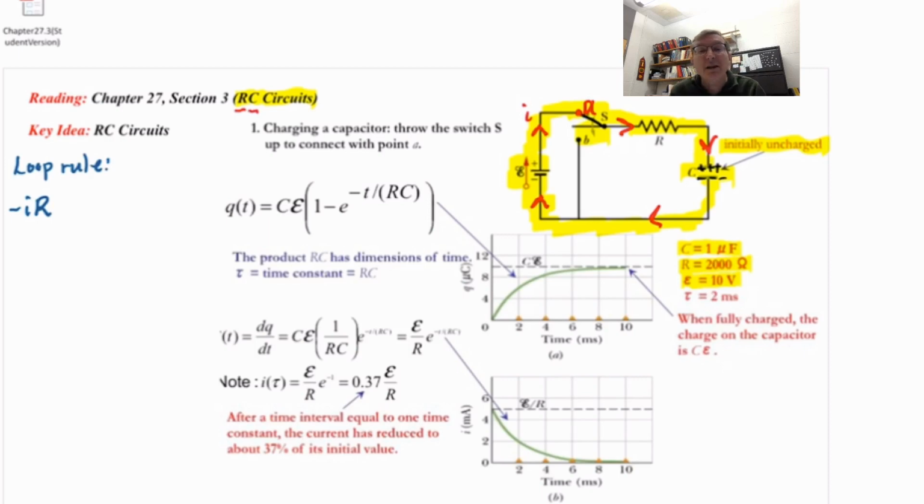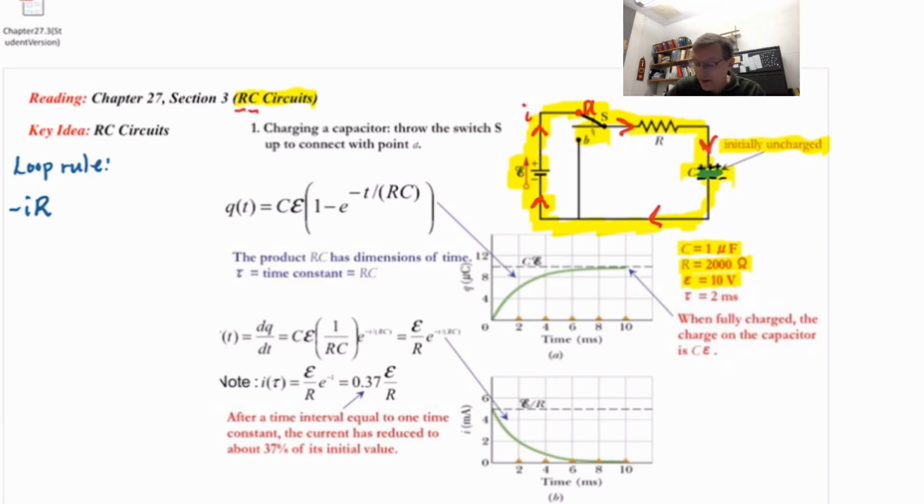Then we come across the capacitor, going from the positively charged plate to the negatively charged plate. And we know that when we charge up a capacitor, remember the physics of chapter 25, that whole chapter was about capacitance, that we're building up an electric field, E, in the region between the plates.